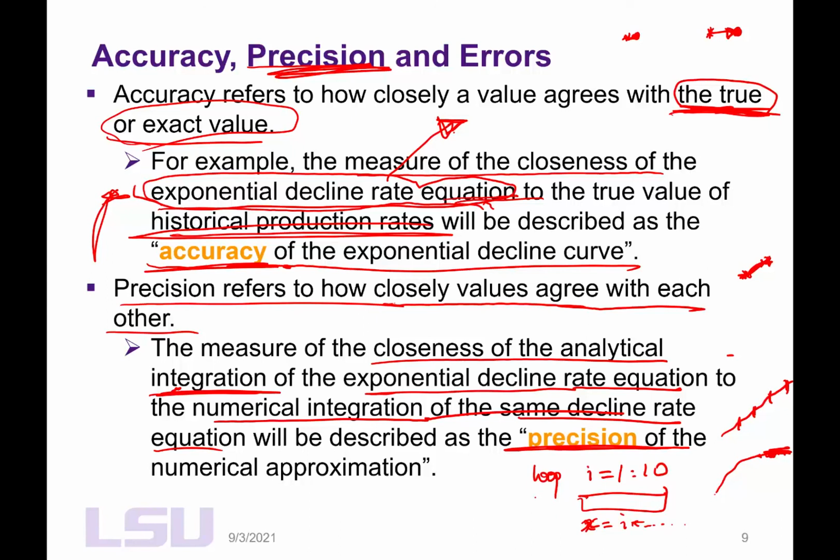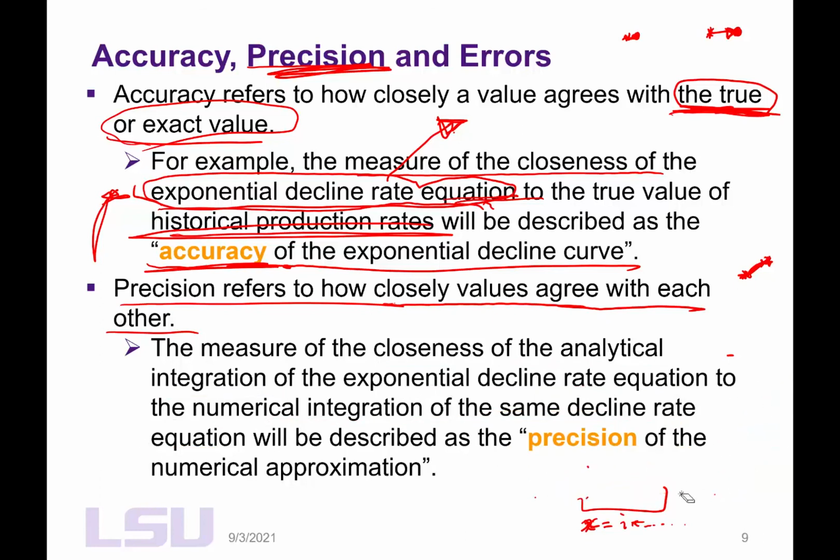And this is a tricky example, and I can use this to come up with a trick question, because you will think, oh, it's analytical integration, then it's exact. Well, it's analytical integration of what? Exponential decline rate equation. Is the decline rate equation the true value? No.